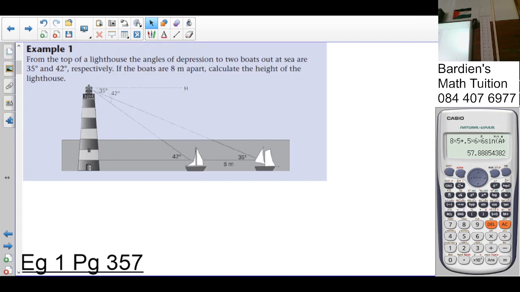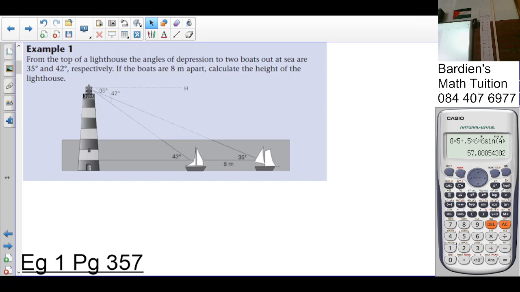Okay, relax. From the top of the lighthouse, the angle of depression to two boats at sea are 35 degrees and 42 degrees. The one is 35, and the bigger angle, of course, is 42 degrees, as is marked, respectively, which means in that order.